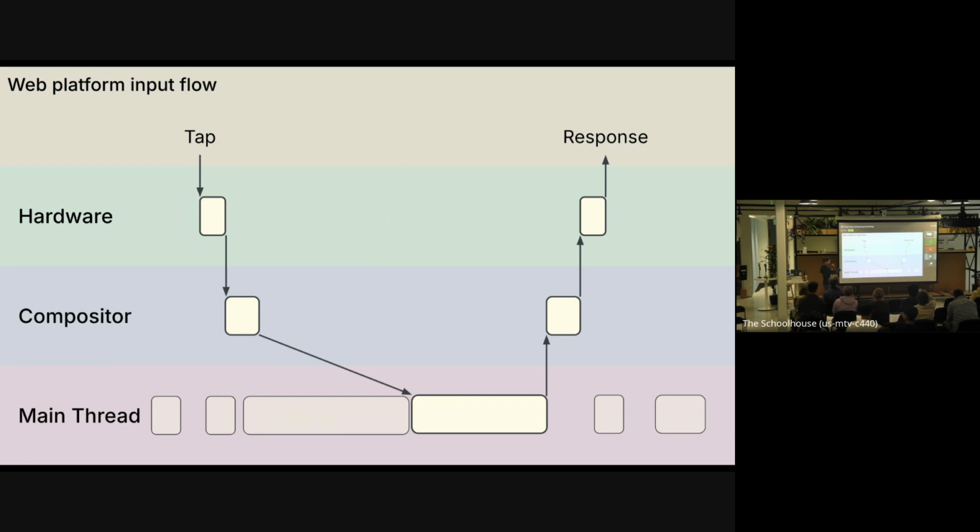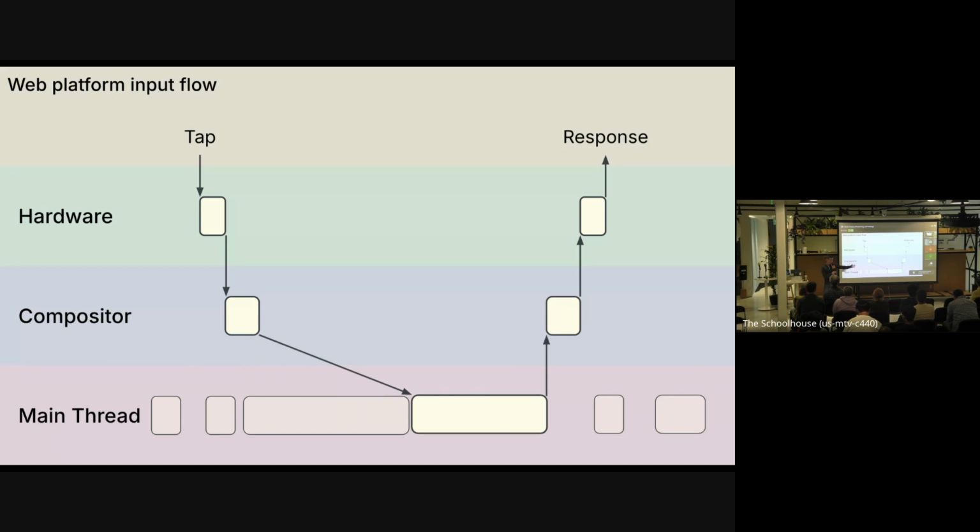On this slide, I have a bunch of boxes down here. And these, other than the highlighted one, are all other things happening. So on the web, just like on other platforms, we get our input event coming through hardware, and then it goes to a compositor. Now the compositor wants to hand the event to the main thread, but the main thread is busy doing some synchronous work. For the Google search example, that work might have been attaching those event listeners and hydrating the DOM.